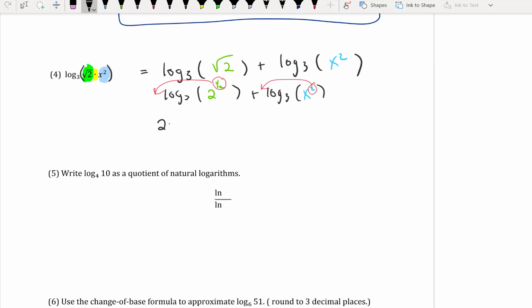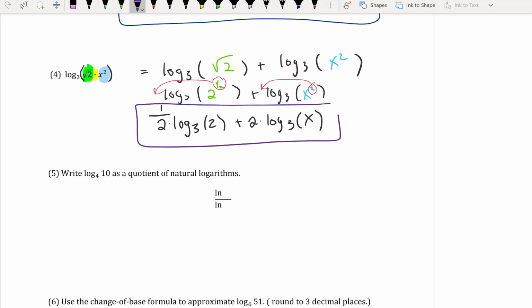So that 2 times log base 3 of, oops, and that wasn't 2, that was a 1/2, thank you. 2 plus, and here my exponent is a 2, log base 3 of x. And so that's going to be my final answer, expanded out as possible.